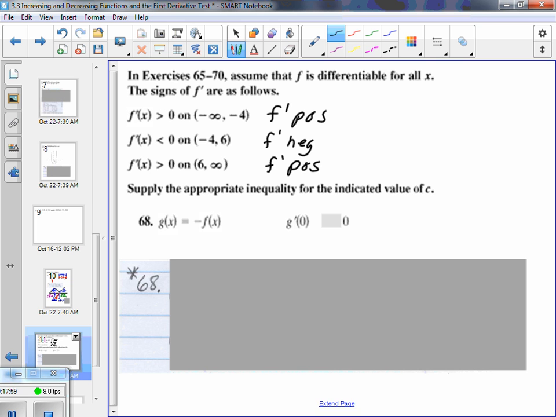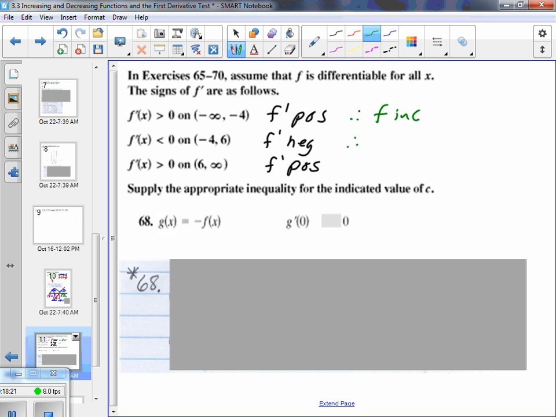Now, I'm not even going to read the question yet. You need to understand the following, whether it comes into play on this particular question or not. On that interval where f prime is positive, what's f doing? Increasing.